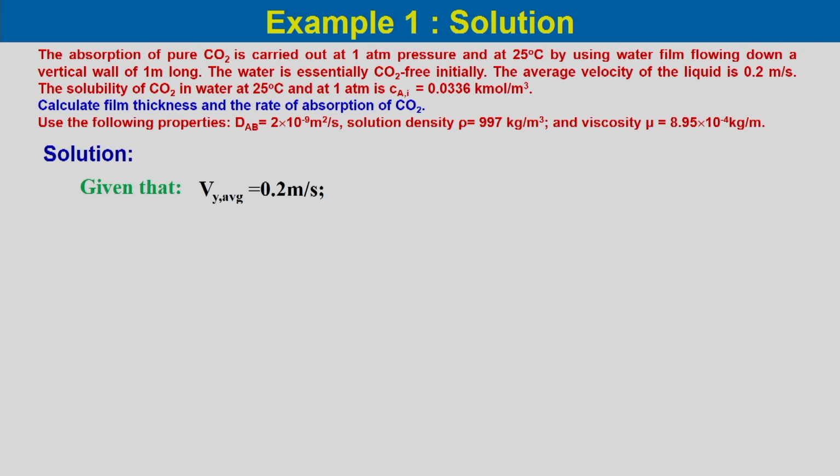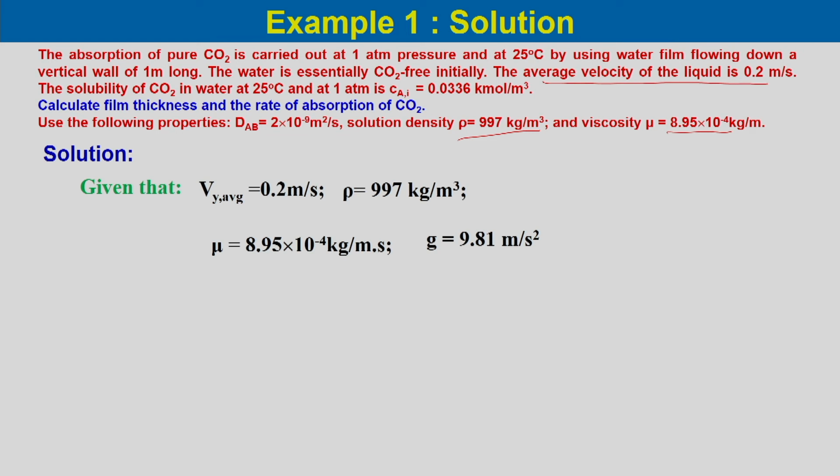Now, let us consider V_y average is 0.2 meter per second, which is the given average velocity of the liquid. Density is 997 kg per meter cube. Then viscosity is given as 8.95 into 10 to the power minus 4 kg per meter second. g is known to us, 9.81 meter per second square.